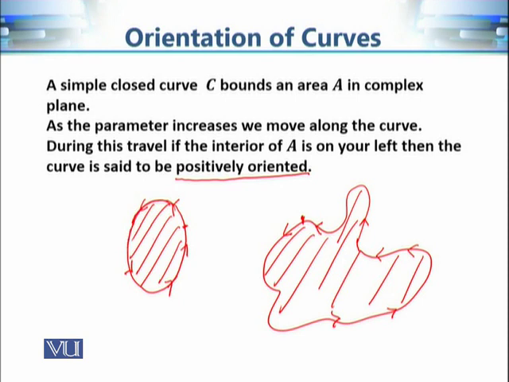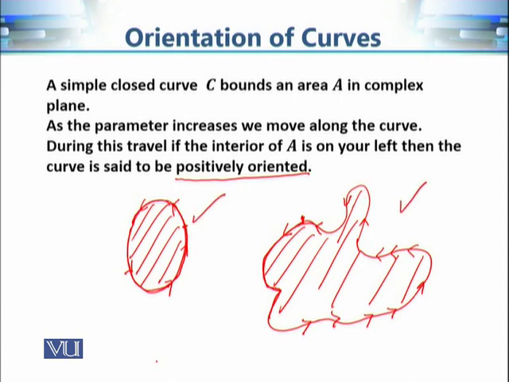Okay, so we are traveling along this and it is always on the left side. Similarly, in this case, to check if it is positively oriented or not, we need to have a direction in which the object is moving along the curve. Okay, so in this case, we can observe that the area enclosed by the curve is always on the left side. So it is positively oriented.